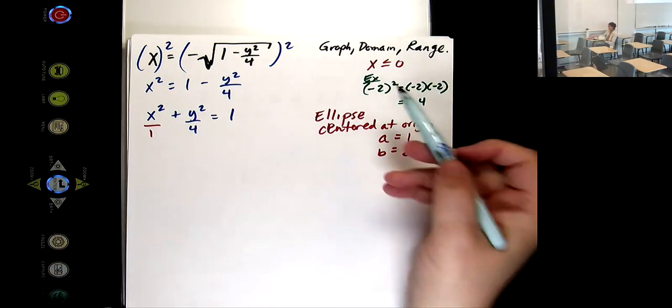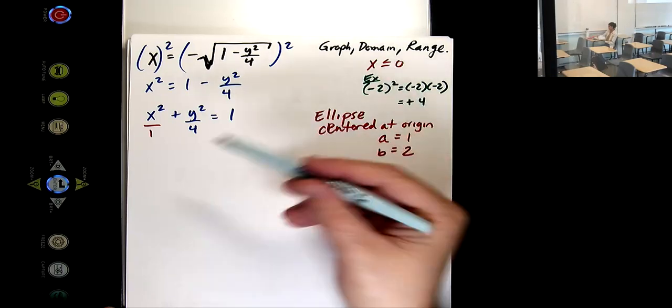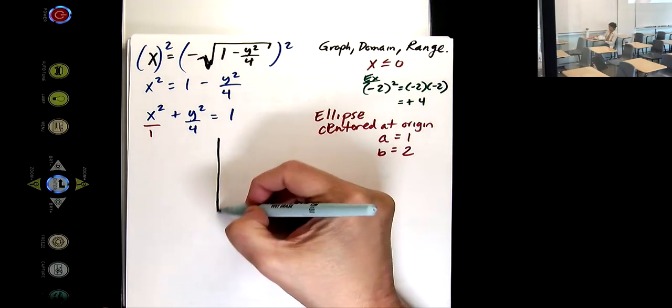And we want to recognize x has to be less than 0, so we're not really going to have a right side of the graph here.